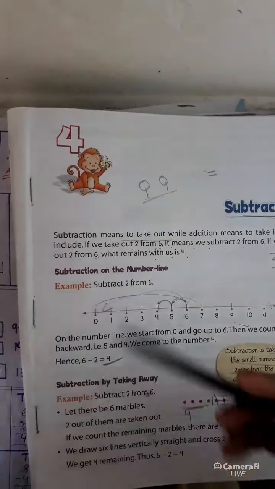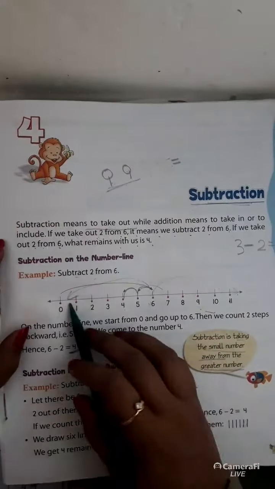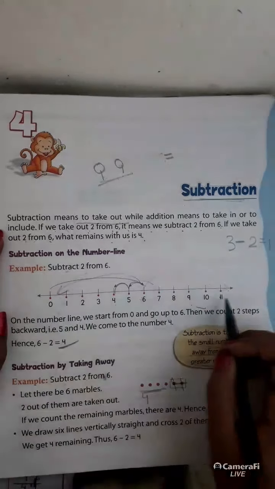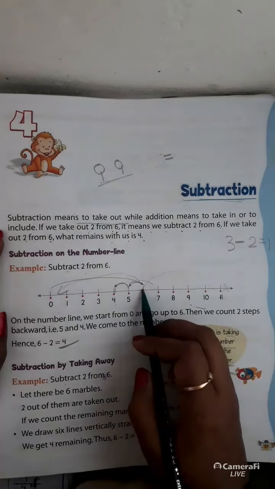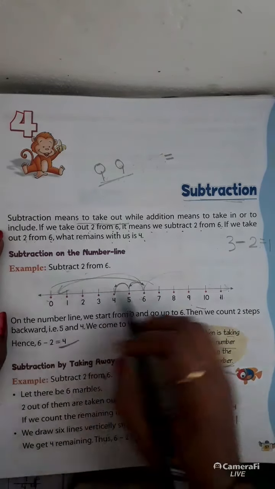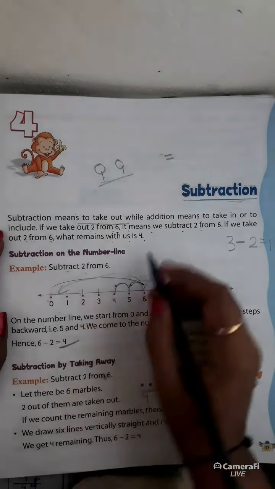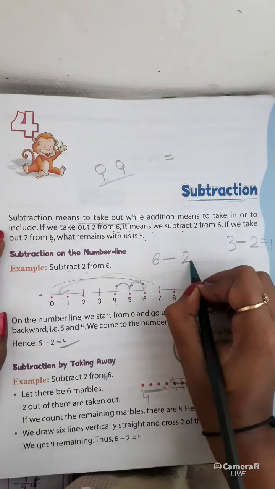Now one question is there: subtract 2 from 6. As you can see, it's another method of subtraction, that is number line subtraction. When we subtract things, we always move backward. So we need to subtract 2 from 6, which means 6 minus 2.